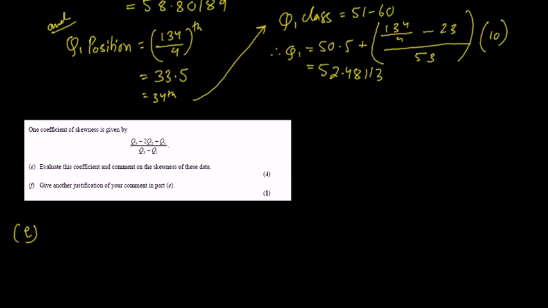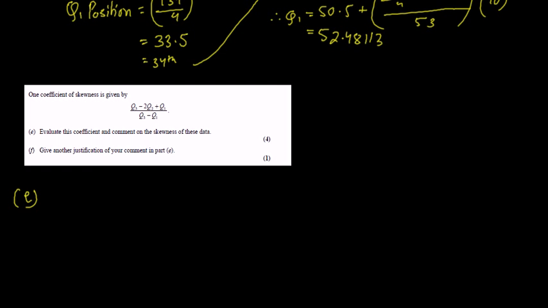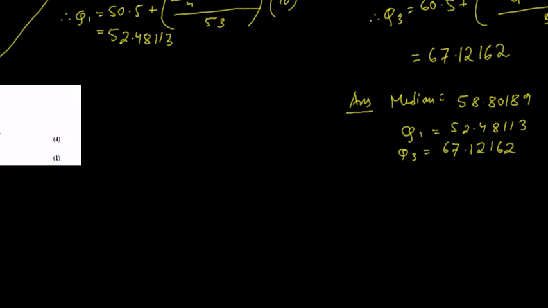The next one is, they have given their own formula for skewness. So they're telling us to put the values of Q3, Q2, Q1 here and find the value of skewness. This is the formula they have given. So Q3 is, let's put the values so that we can look at it.